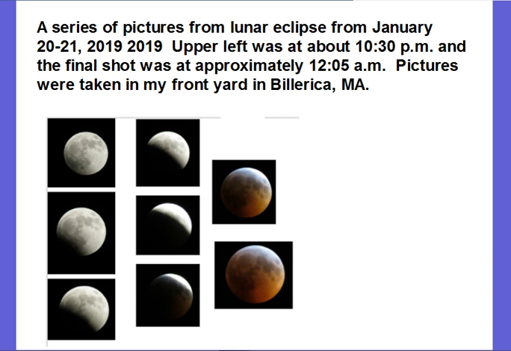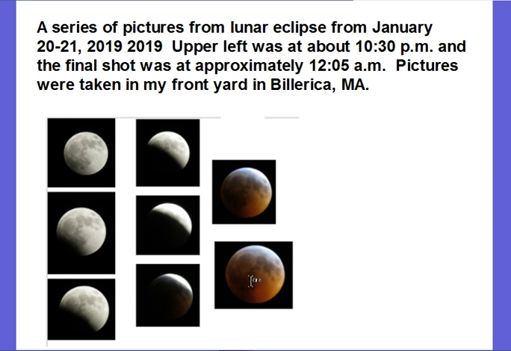Here are some pictures. I've shown these in class. We had the lunar eclipse back in January of 2019. Oops, I just noticed it says 2019 twice on my slide. The upper left picture here was taken about 10:30, just at the very start of the lunar eclipse. And I went out every 10 or 15 minutes or so.